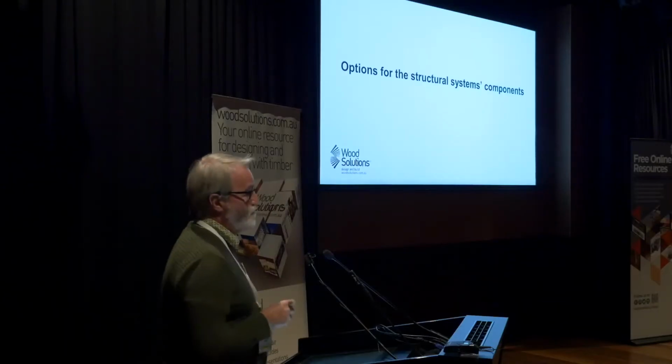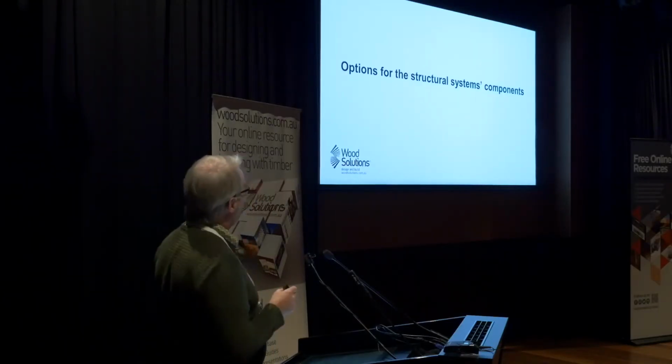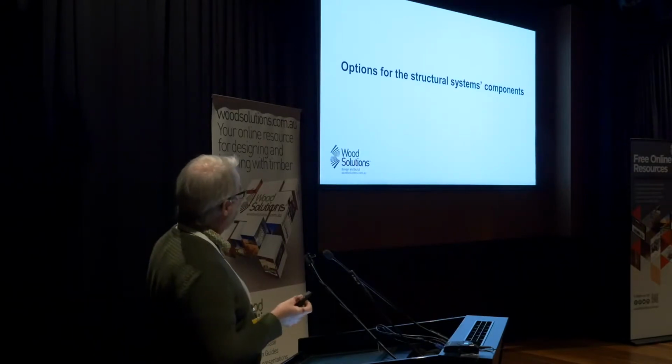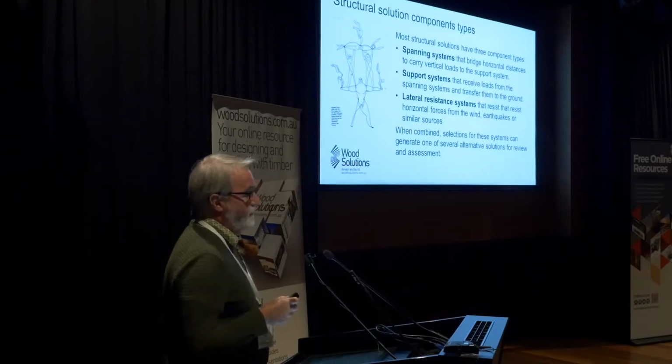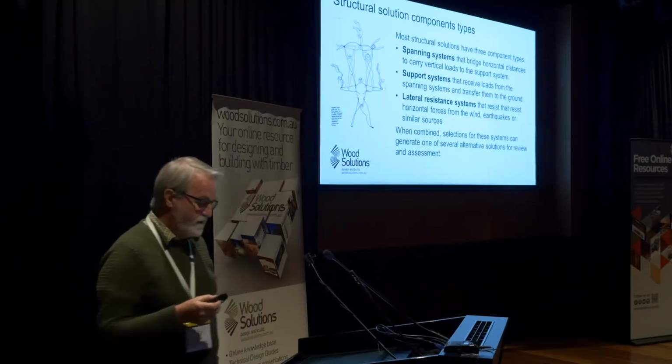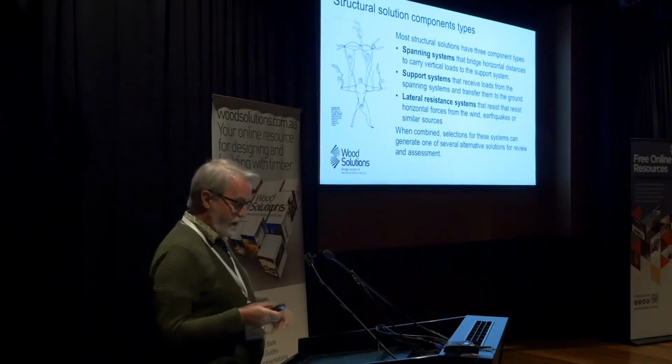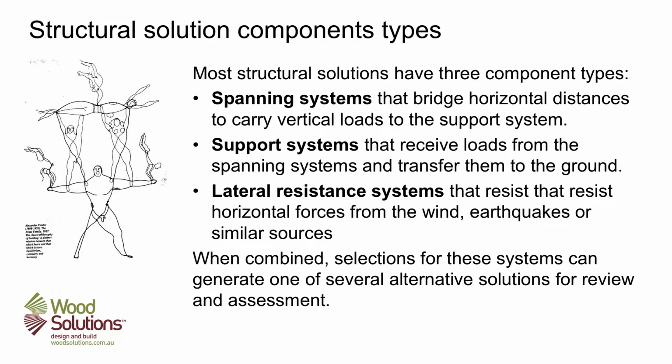So what are the structural options we've got then? Structural systems options we've got. Really there's probably three major components that we want to be able to put together. We want to put together a spanning system, that's either a floor or a roof. We've got a support system such as columns or walls that might then support the vertical loads.